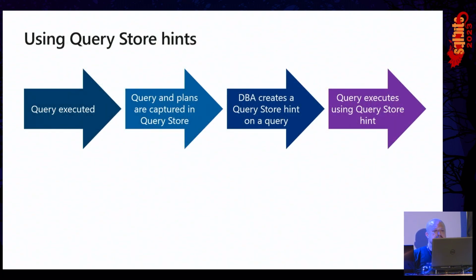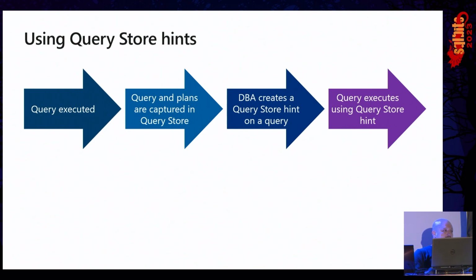Okay. So how do you use it? What's the process? How does this work? A query gets executed. We capture query plans in query store, right? This is all that asynchronous stuff with the text, the plan, the runtime history. The DBA creates a query store hint on a query, and then the query executes using that query store hint.